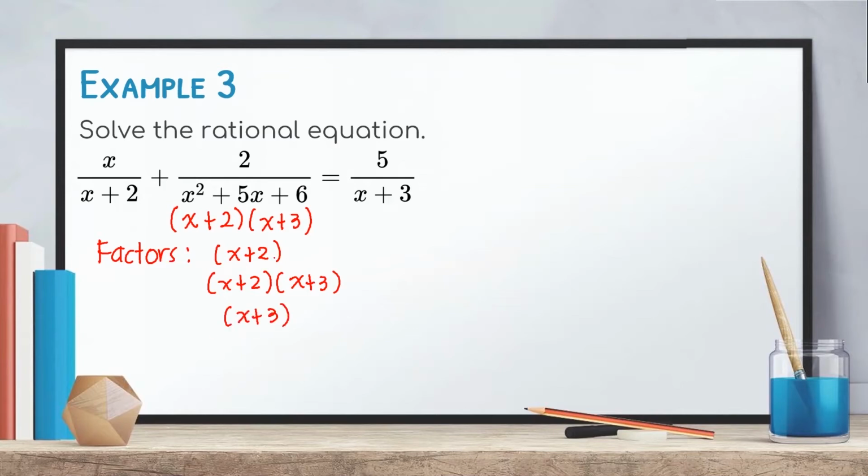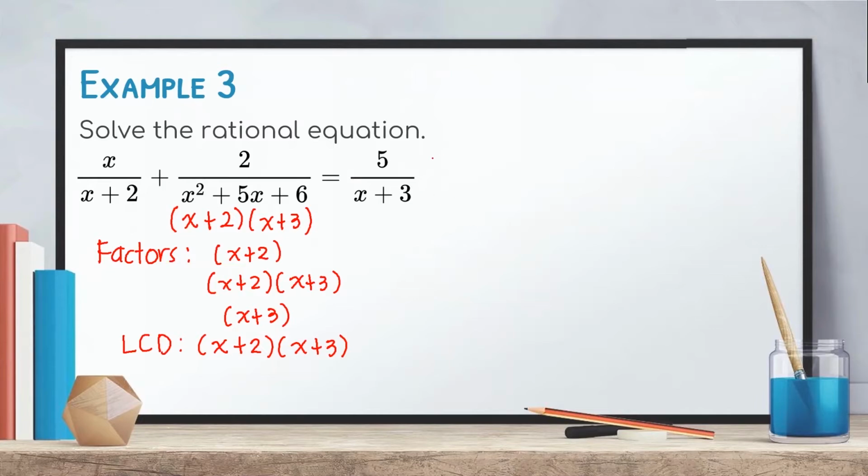Notice that x plus 2 and x plus 3 are both duplicated. Once again, if that is the case, we will just be considering one factor. So therefore, the LCD is x plus 2 times x plus 3. Next thing to do, we will multiply the whole equation by our LCD x plus 2 times x plus 3.